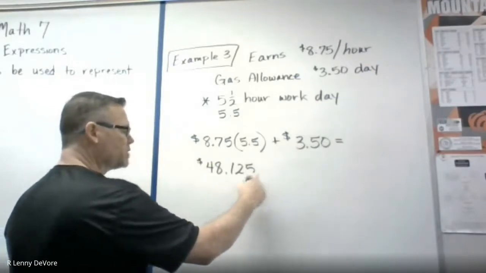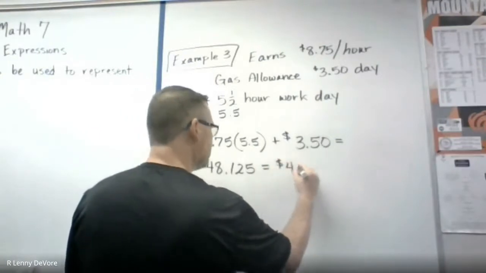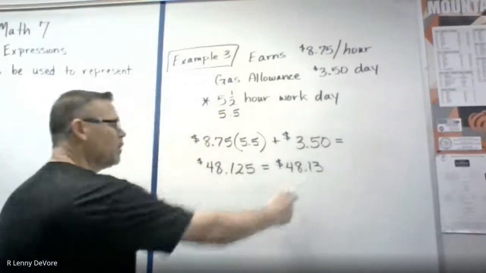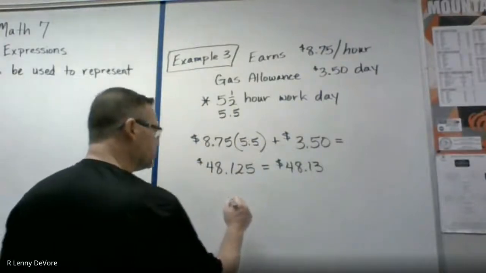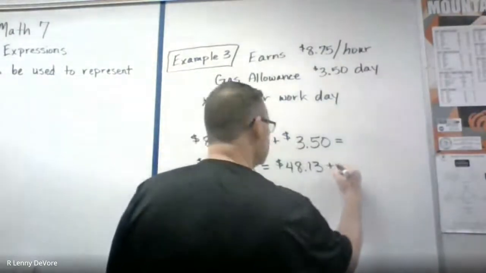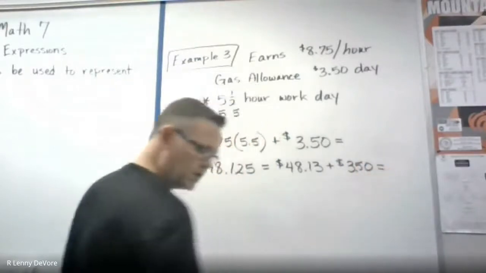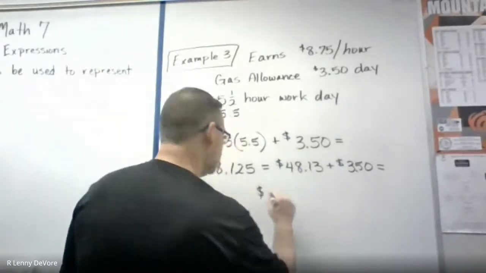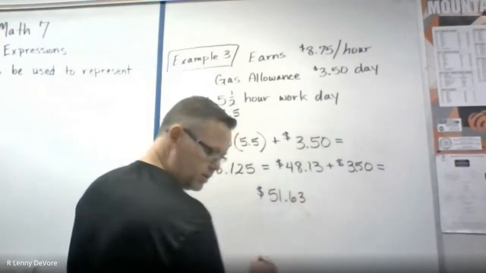So what I have to do is round this, and what it actually is, is $48.13. Once we round that, we get it into money, right? But then I still need to add the $3.50. So I add the $3.50 to that, and the total amount that this person would earn is $51.63.